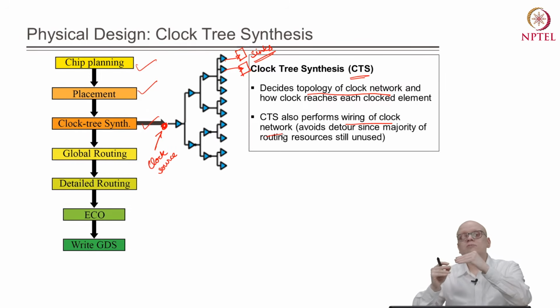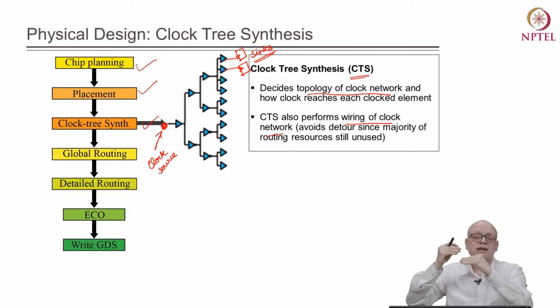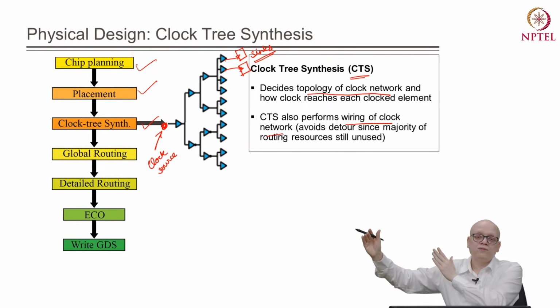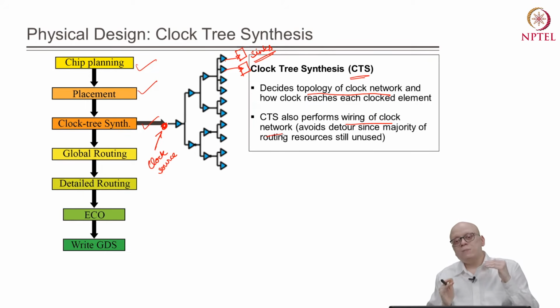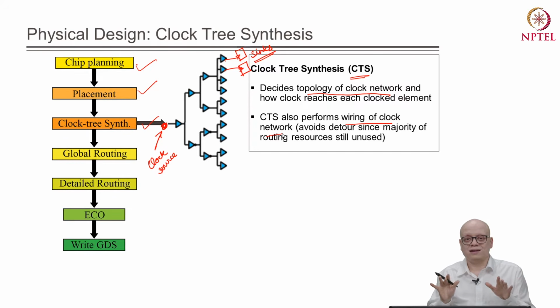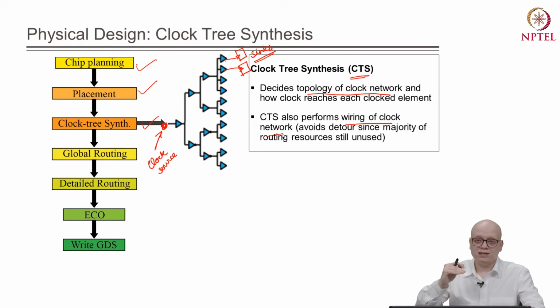Whenever the clock signal comes, flip flops can toggle their state, and that signal propagates and reaches another flip flop and so on. So a clock signal orchestrates all the operations in a synchronous design, right. Therefore, we give the highest priority to the clock signal when doing routing, right.